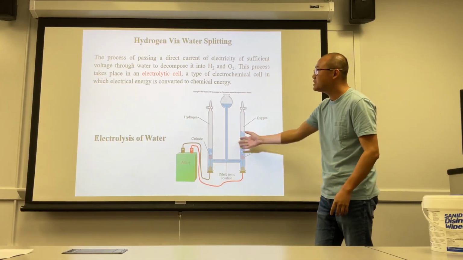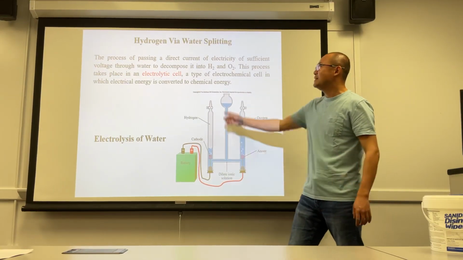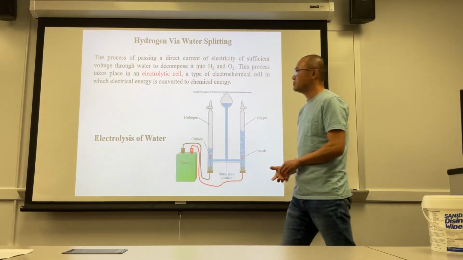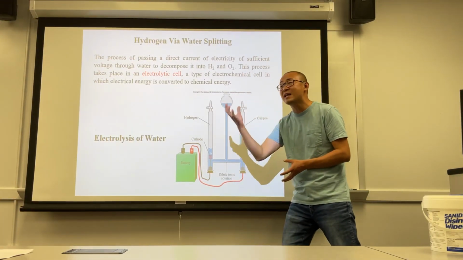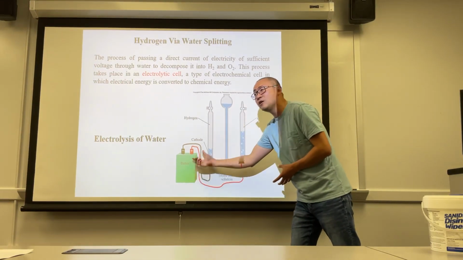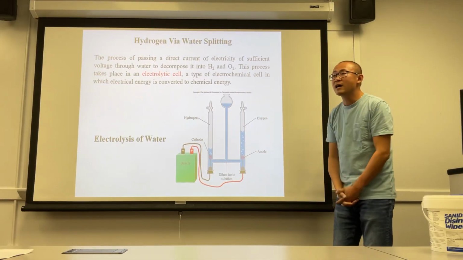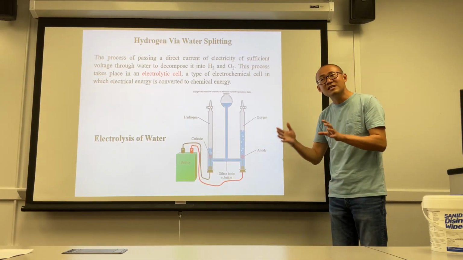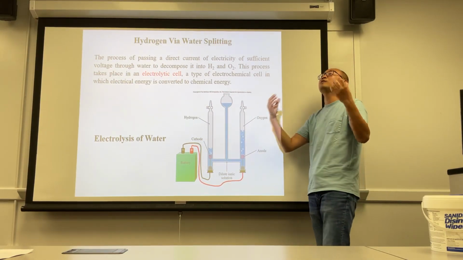And we call this small scale cell an electrolytic cell. Why electrolytic? Because now we're not creating electricity. We're using electricity or a battery to split a compound. That is something different from what we learned before. Before we were using chemical reaction to create electricity.